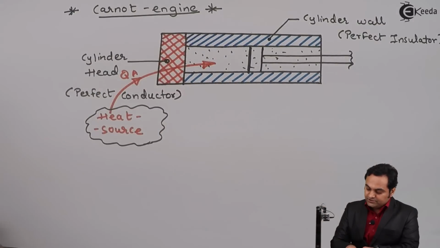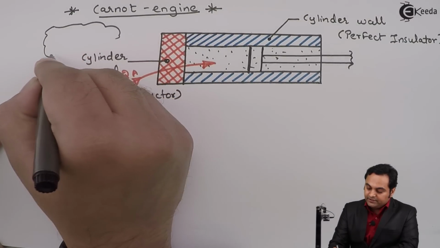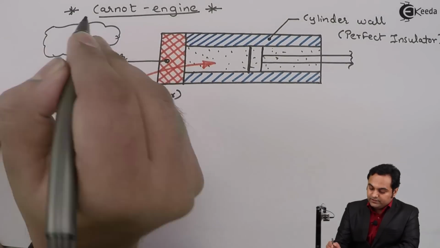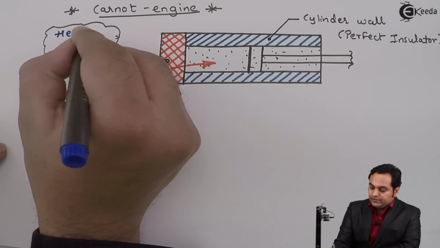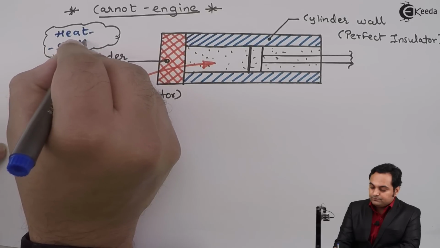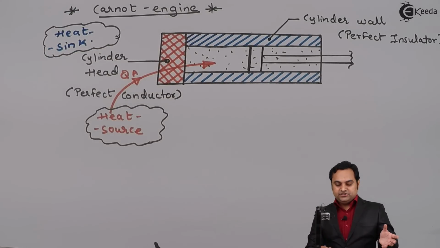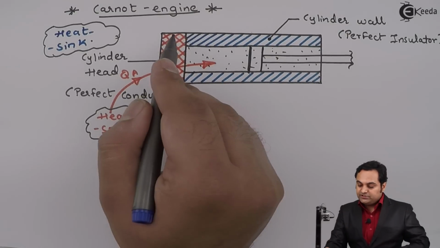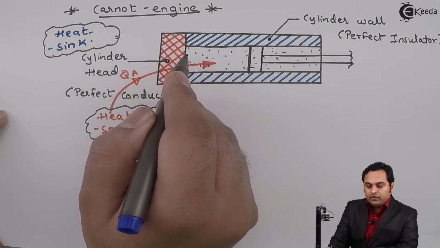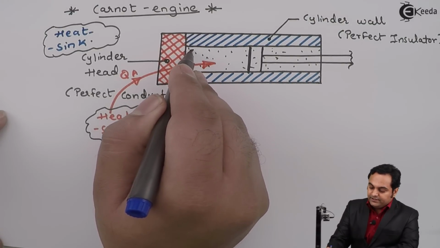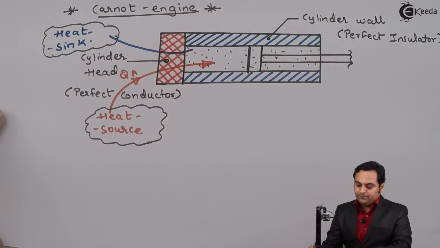For that purpose we have another reservoir like the heat source, called the heat sink. That heat sink, which is at low temperature, will be brought close to the cylinder head, and the heat inside the air will get transferred to the heat sink, because the heat sink has low temperature.